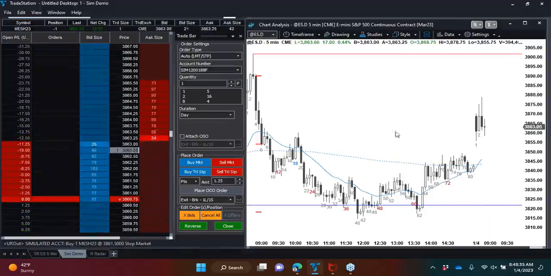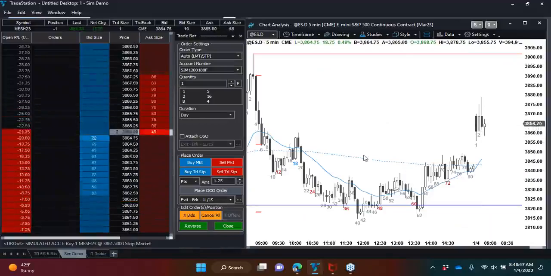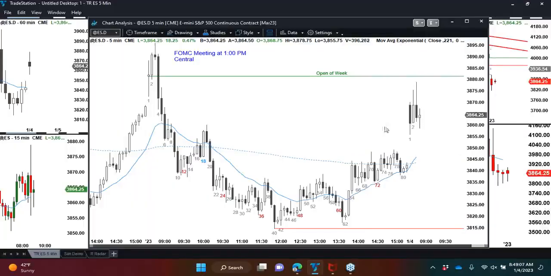It depends on personality. If you don't want to lose as much, you may say that the market is not selling off, I'd rather get out quickly. If you want to keep the management simple, you wait and see what this bar closes as. If this bar does not go down into the close, I'll be pretty quick to exit.